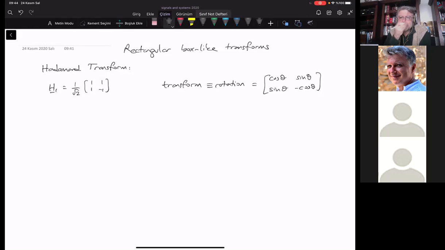From geometry or from trigonometry, you may remember this. So a point xy, when it is multiplied with this matrix, would be rotated by 45 degrees. Now, why are we rotating particularly with 45 degrees, not any theta, but theta is equal to 45 degrees?